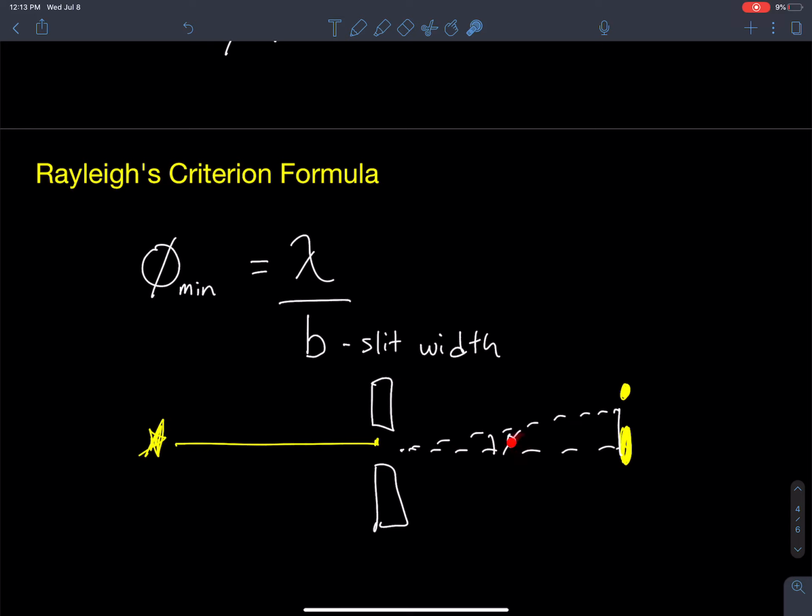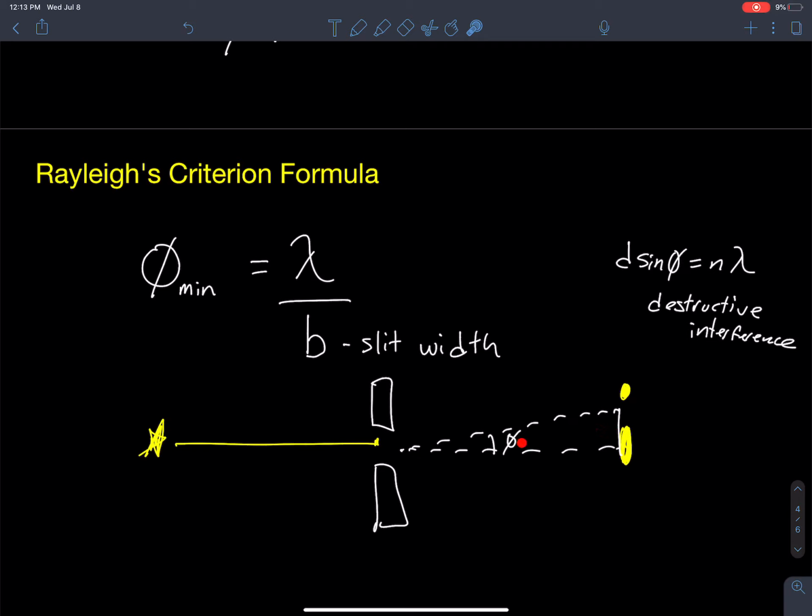And the angle for d sine theta equals n lambda, that angle that we're talking about over here is the angle between the center of the central maximum and the first order minimum, because it's destructive interference. So the angle here is going to be that, all right?